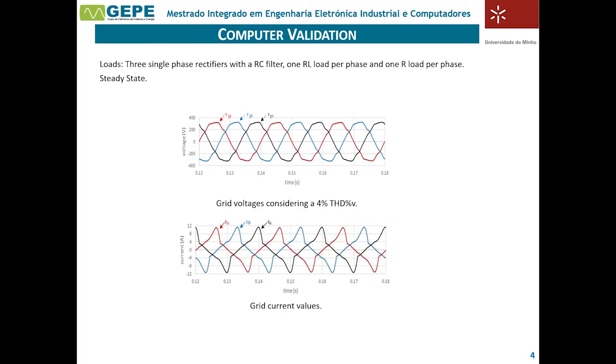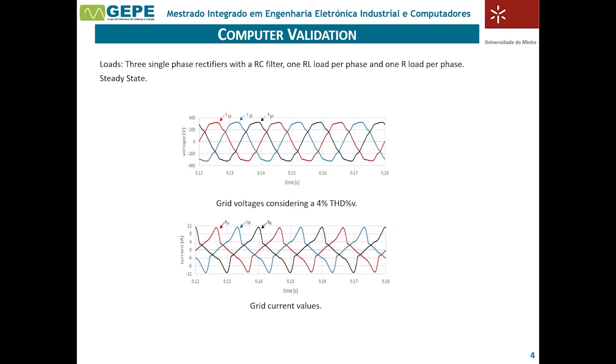In order to validate this topology, the software tool PowerSim was used. The grid voltage was emulated to provide a real scenario. This means that harmonics were introduced in order to get around 4% of THD on the voltage, as in a real life case.